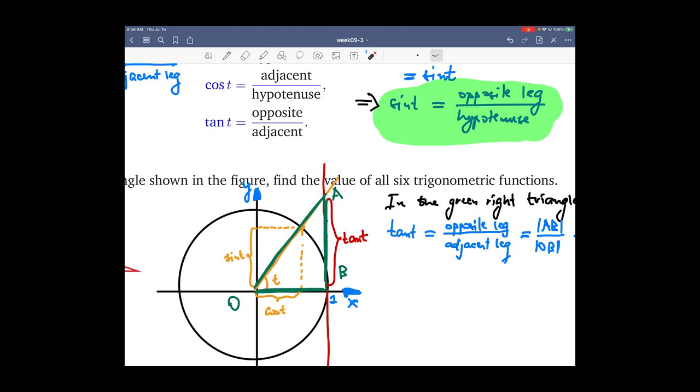The coordinates of point A are, in particular, 1, because it's on the line x equals 1, comma, tangent t.